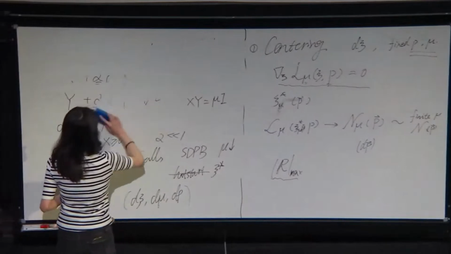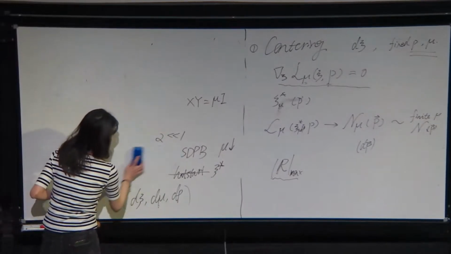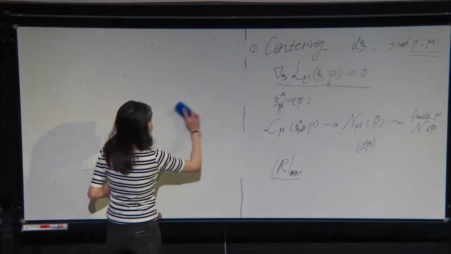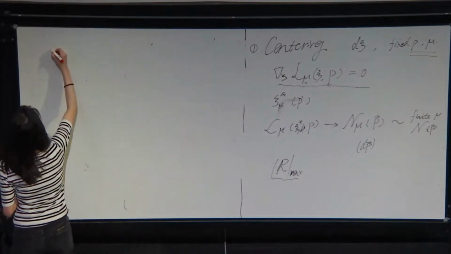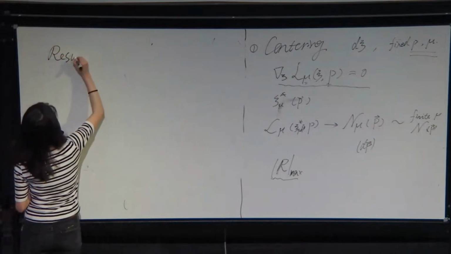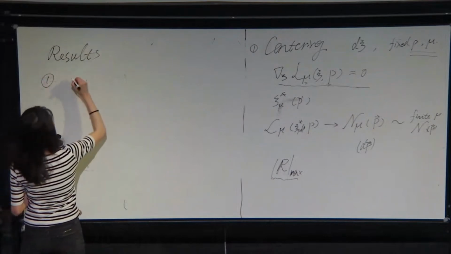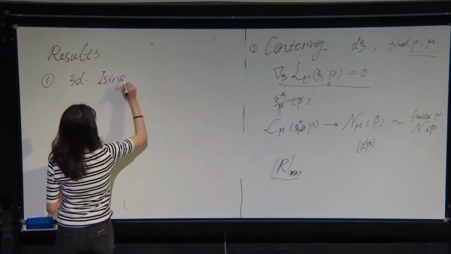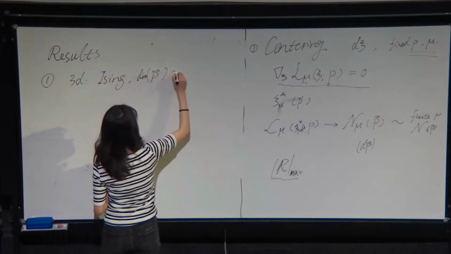Now let me briefly outline some results we had, as demonstrations of the performance. In our paper, we tested our algorithms on the 3D Ising model, where the dimension of P is equal to 3.